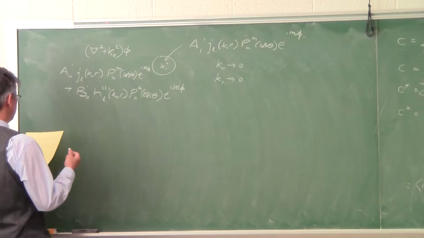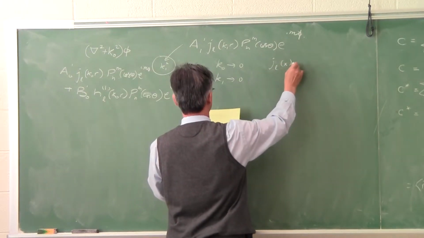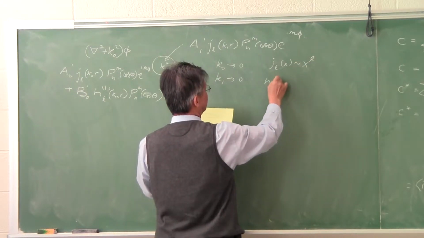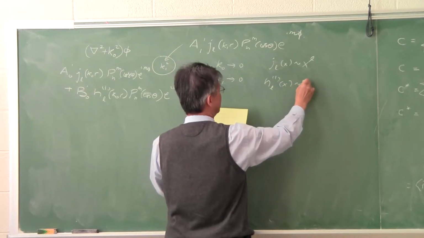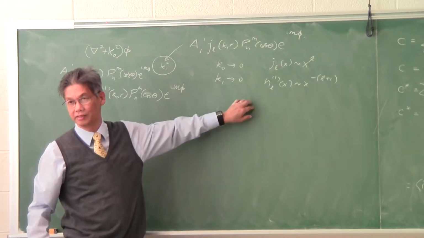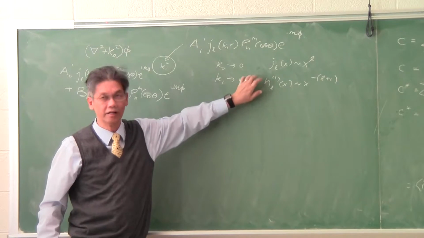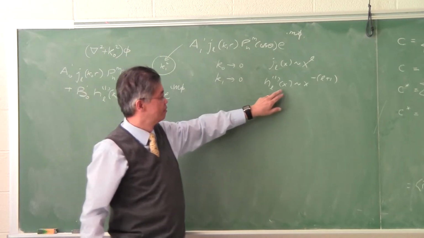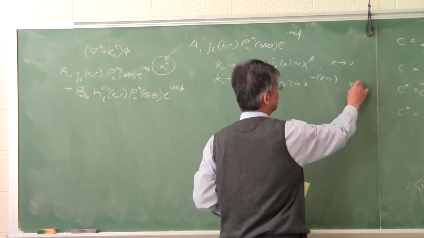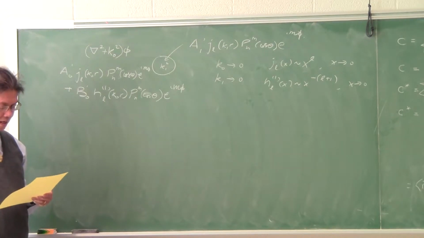Then I can make use of what I know about Bessel functions. j_l(x) goes as x to the l. h_l^(1)(x) would go as x to the minus (l plus 1). You can look up from chapter 1 of my book, or from Abramowitz and Stegun. These are the behaviors of the Bessel function and Hankel function when x tends to 0. You can look them up in 10 books.